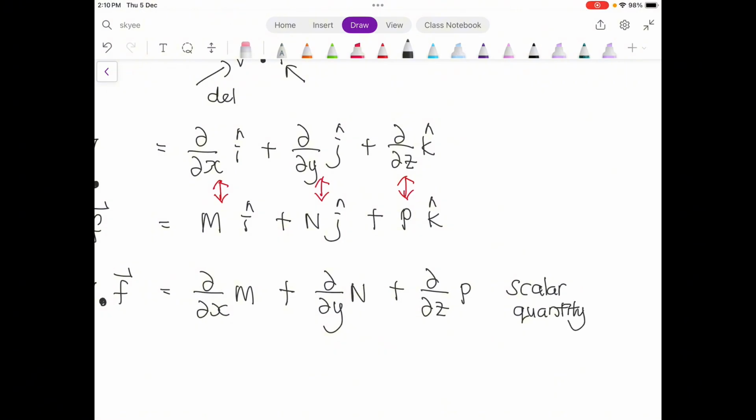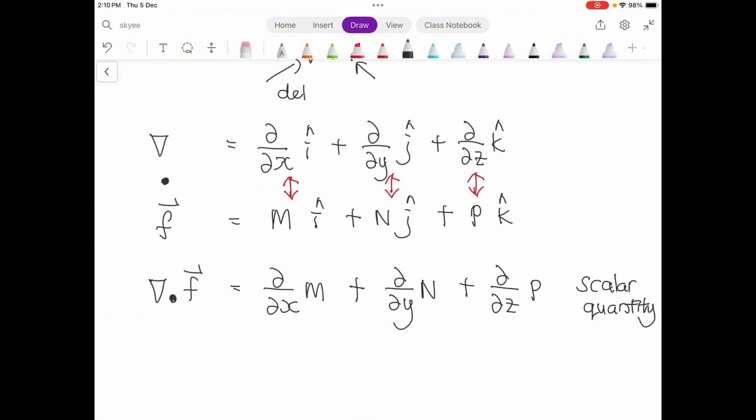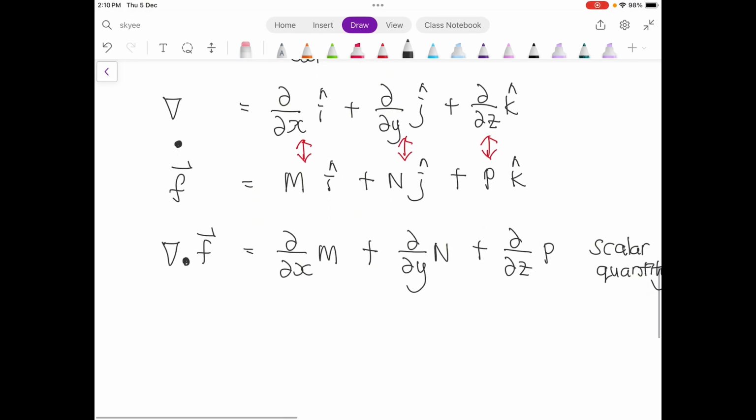It means there is no more ijk component; it will be a value.